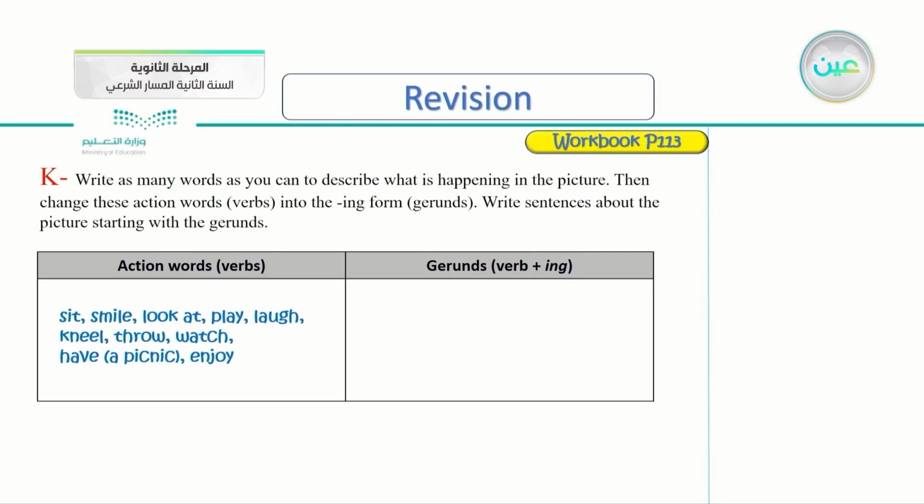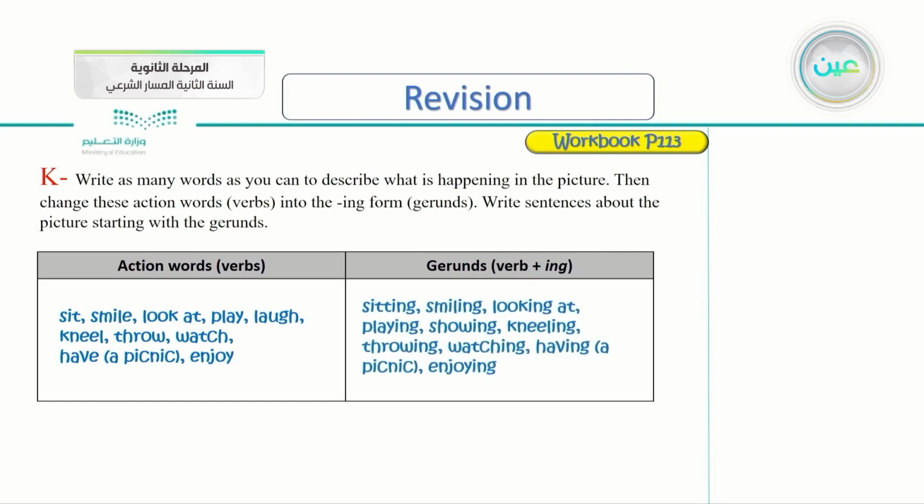So these are some of the actions or the verbs that I've seen in the picture. What about the gerunds? The gerunds, of course, are the verb plus ing. Let's see the answer here. Sitting, smiling, looking at, playing, laughing, kneeling, throwing, watching, having a picnic, and enjoying. So a gerund is the same as the verb, but we add ing.